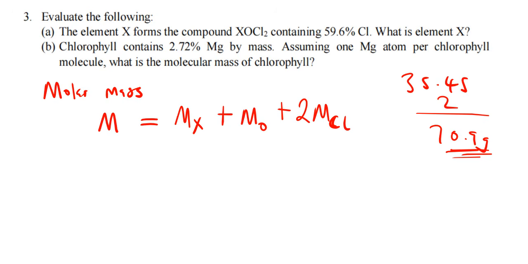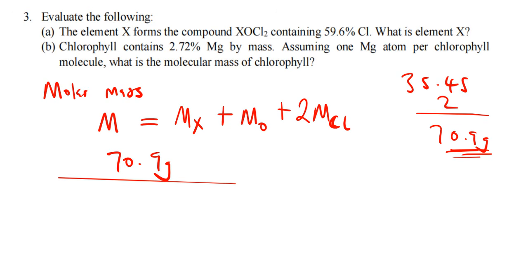What that means is that from this compound, the chlorine that we have in terms of mass is 70.9 grams. There are 2 of them, divided by the total mass for this whole compound, because from the whole compound we only have 70.9 of chlorine. What about the whole mass of the compound?